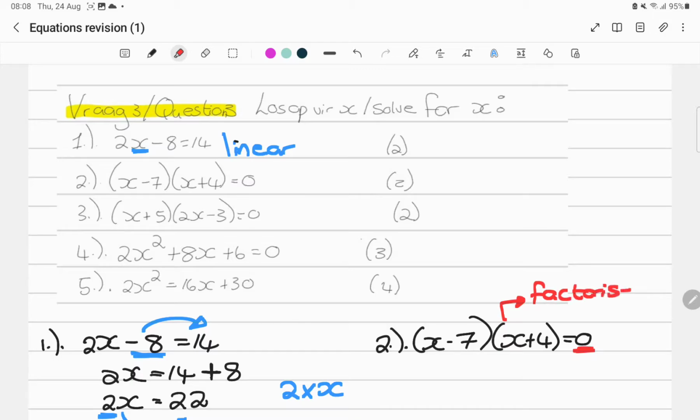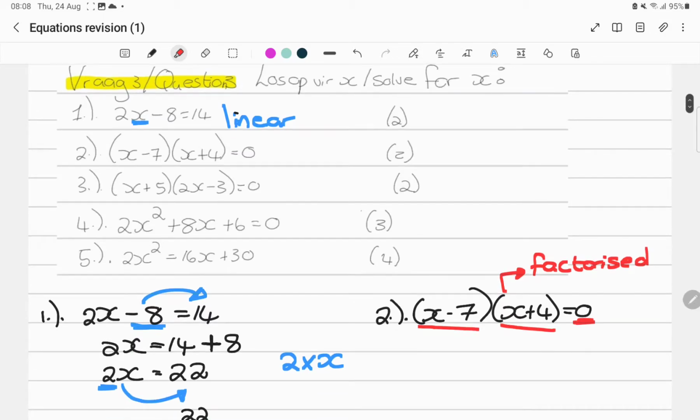So if you go and you multiply out your brackets and you go to the next step where you have to factorize again, you're going to get exactly what is already given to you here and here. Alright, so when you get an equation like this with 2 brackets or 3 brackets and it's equal to 0, it means it has already been factorized.